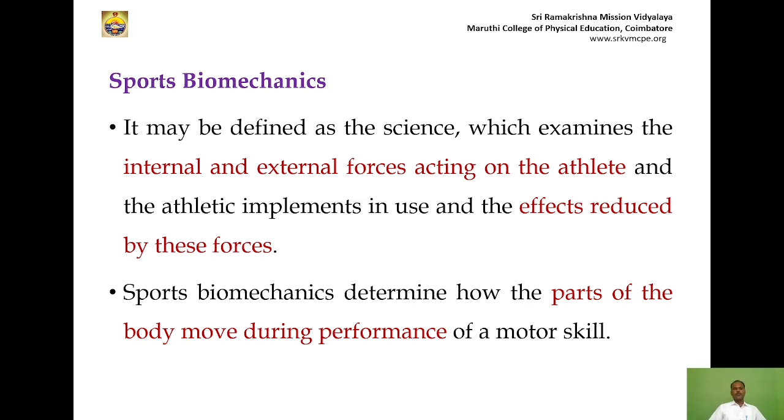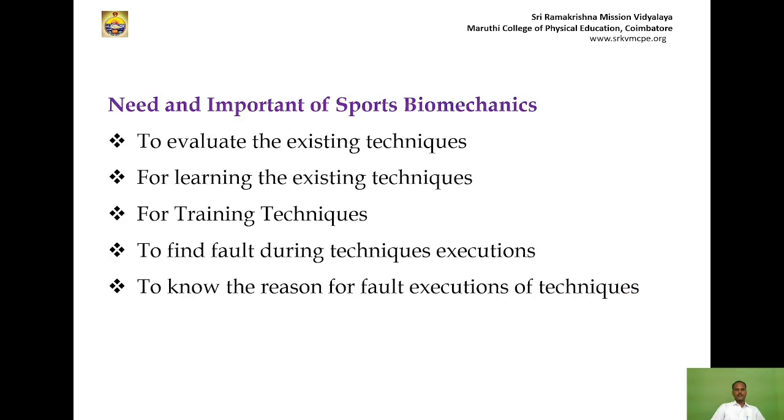Not only the movement of our body parts, at the same time we will discuss the implements also, how we should move our implement. It may be a cricket bat, a tennis racket, a badminton racket, or it may be a gymnast, whatever it may be, how the athlete or the athletic implement must move to increase the performance. What is the lacuna in increasing the performance? Everything we will discuss under the title of sports biomechanics.